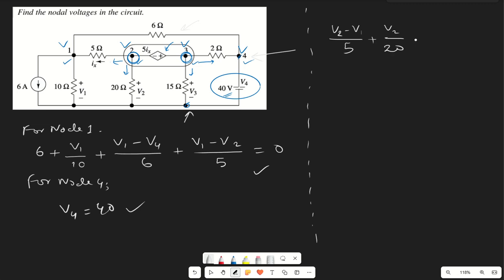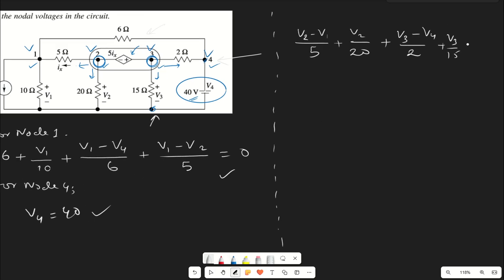So node 2 is done. Then plus (V3 minus V4) divided by 2, then plus V3 divided by 15, plus 1 ampere, equals 0. So this is our KCL equation.